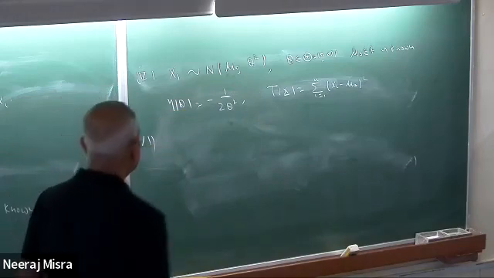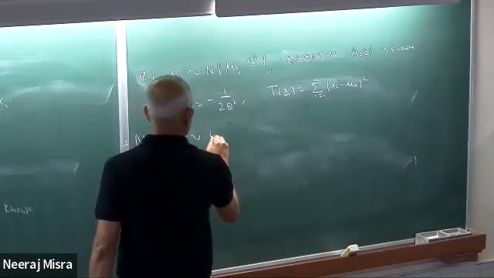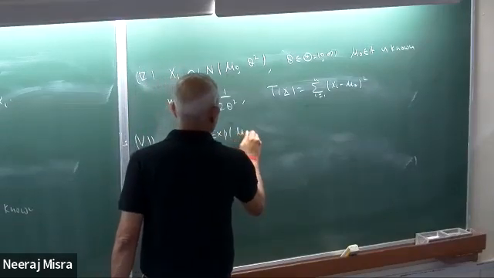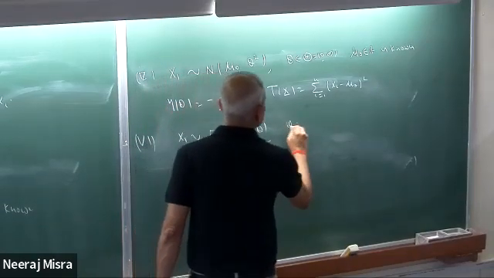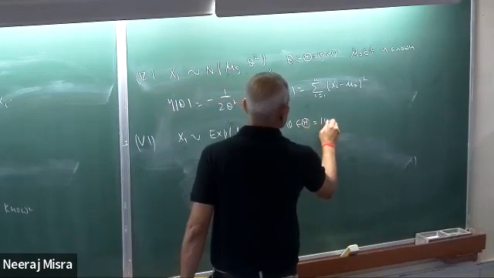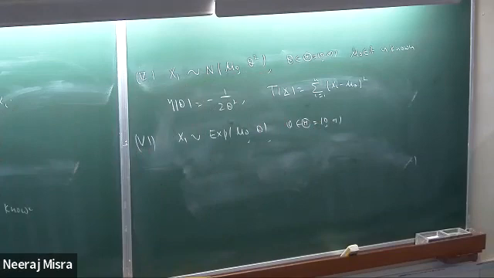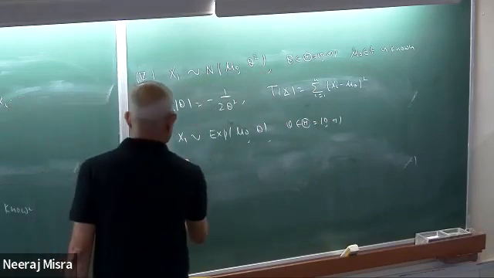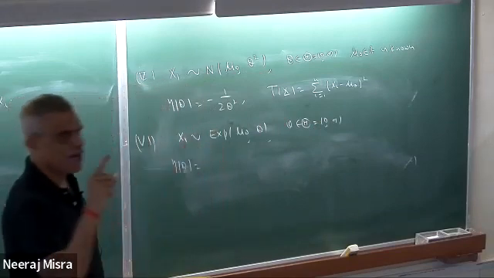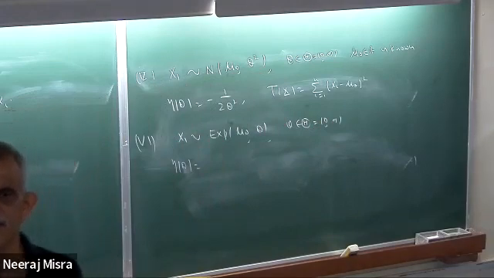Sixth, exponential, mu naught, theta. What would be eta theta over here? Anyone? This is e to the power minus summation xi minus mu naught by theta, because mu naught is a location parameter.